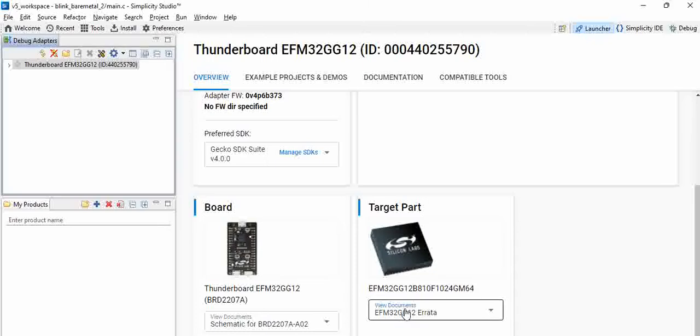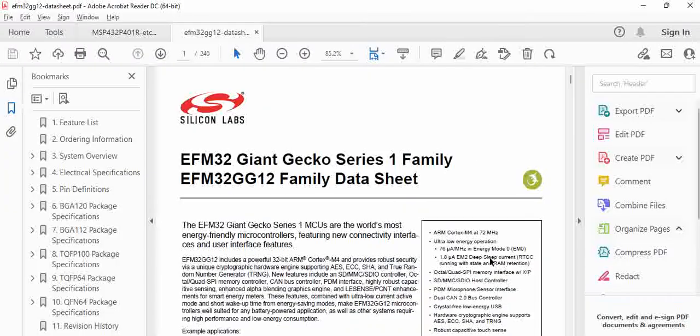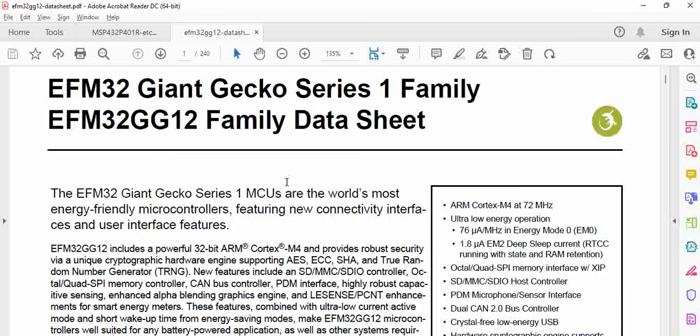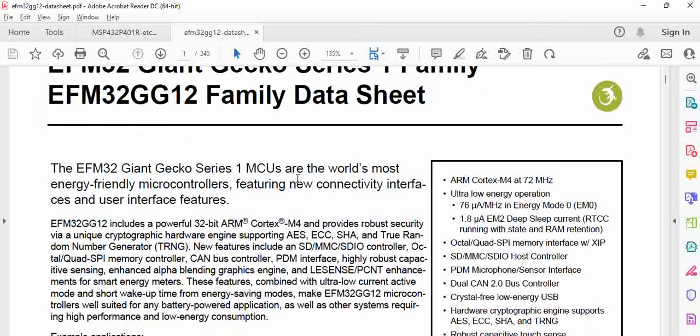So let us open the data sheet. This is the EFM32 Giant Gecko Series 1 family data sheet. The data sheet says these are the world's most energy-friendly microcontrollers, and that claim is based on the power consumption of the microcontrollers.